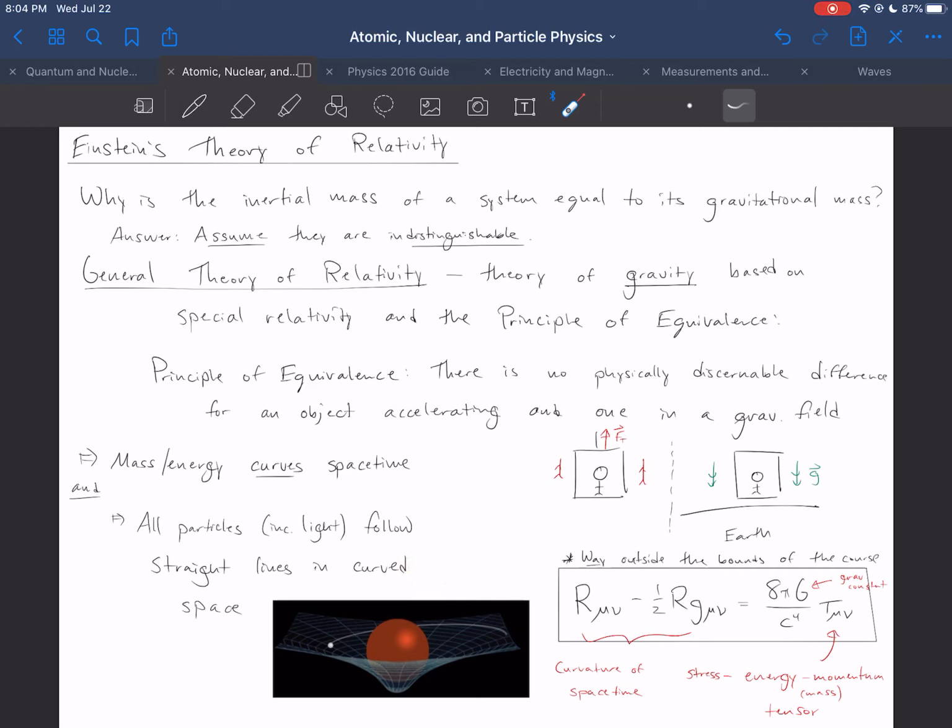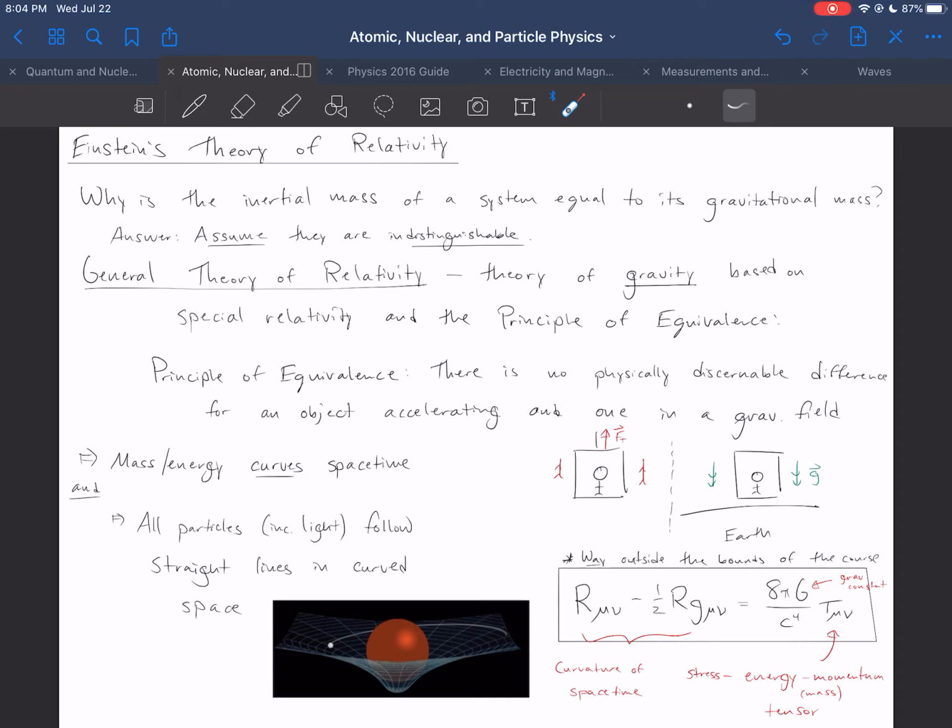So, big picture, why is the inertial mass of a system equal to its gravitational mass? Our answer is a very long one in some ways, but it's basically the idea that, well, assume they are perfectly indistinguishable. What do you get? Well, you get this theory of gravity. There's not really an answer to this why question in so much as you have a reason given.